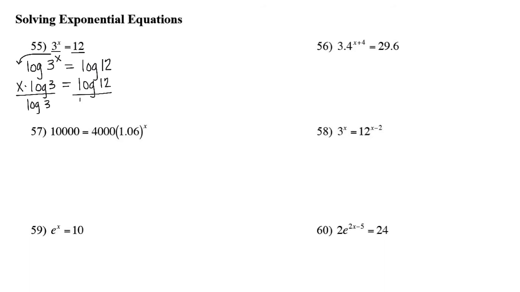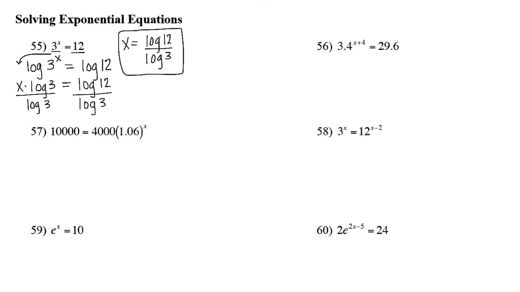And so my final answer, and I'd rather you just leave it in this exact form, there's no need to do the calculator portion here. You're going to have x equals log 12 over log 3. And please don't think you can reduce 3 and 12 because you can't. This would be the simplified version other than typing your answer into the calculator.